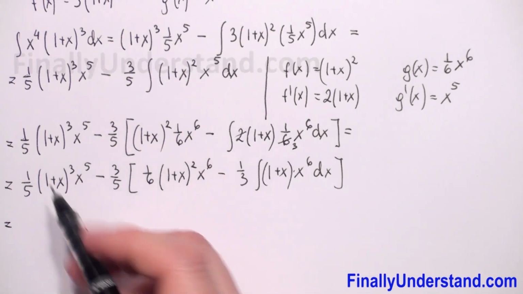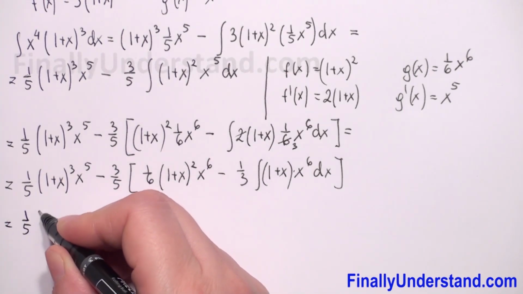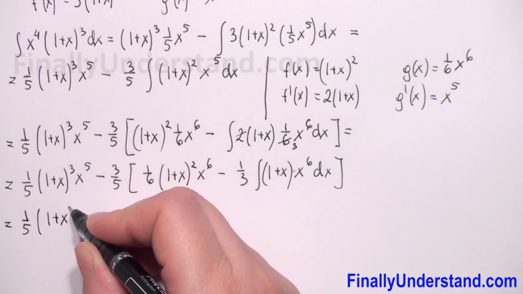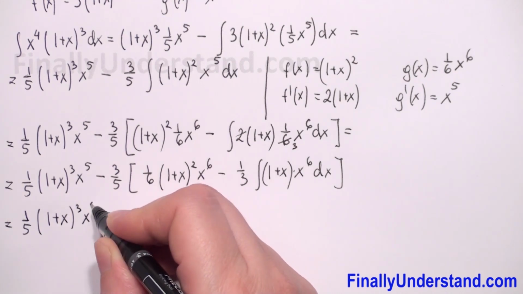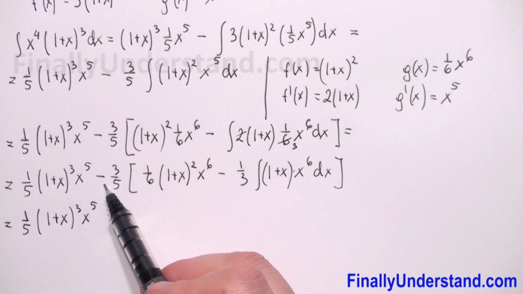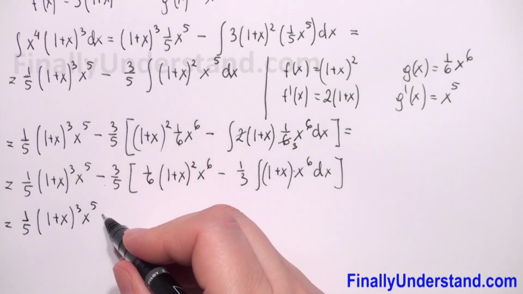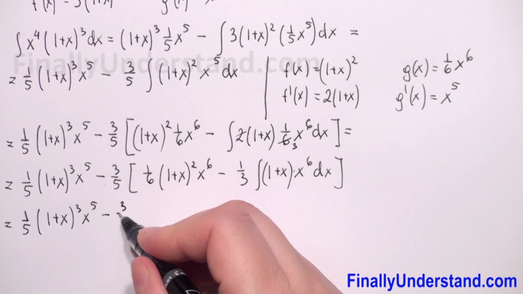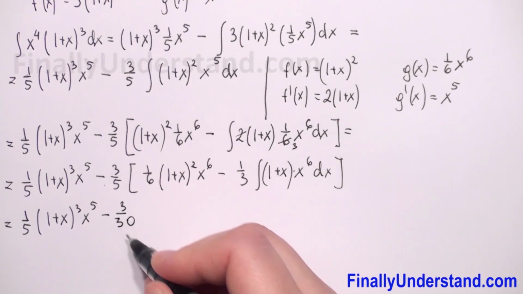Let's do multiplication now. So this is equal to: the beginning we need to copy 1 over 5, (1 plus x) cubed, x to the 5th power, and now we have to multiply negative times positive, which will be negative, 3 over 3.